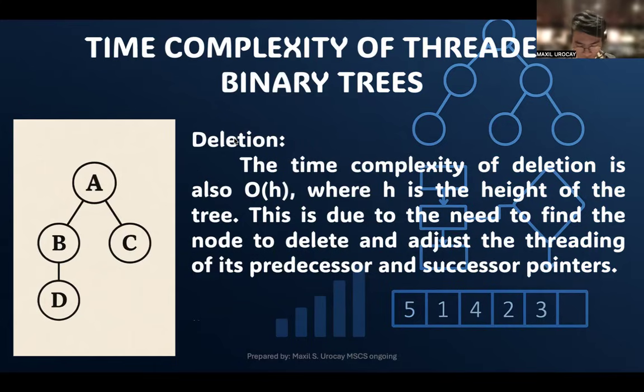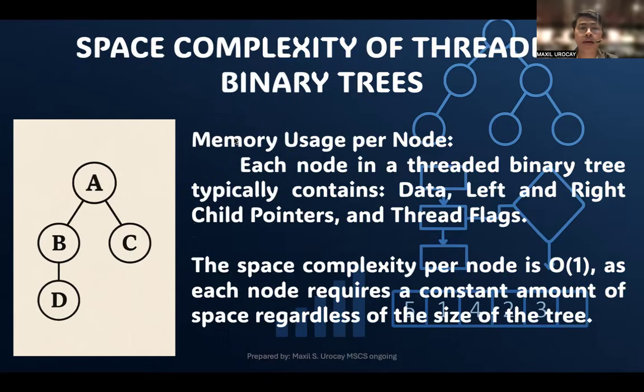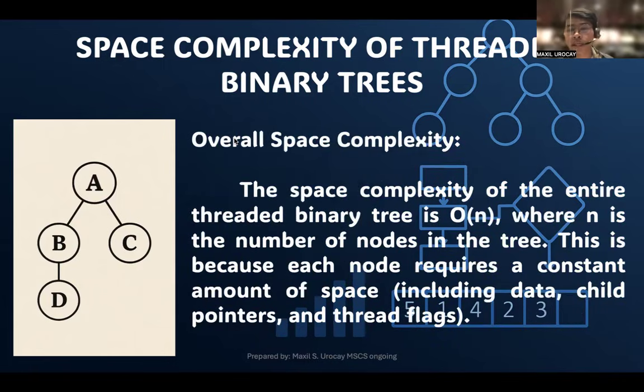And afterwards, the space complexity, memory usage per node. Each node in a threaded binary tree typically contains data, left and right child pointers, and thread flags. So the space complexity per node is constant, as each node requires a constant amount of space regardless of the size of the tree. Now, the overall space complexity will be linear, O(n), because the entire threaded binary tree has n nodes.